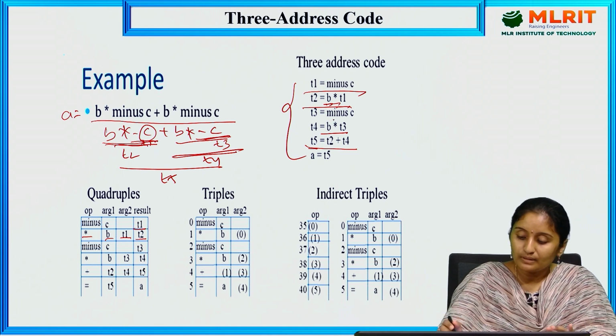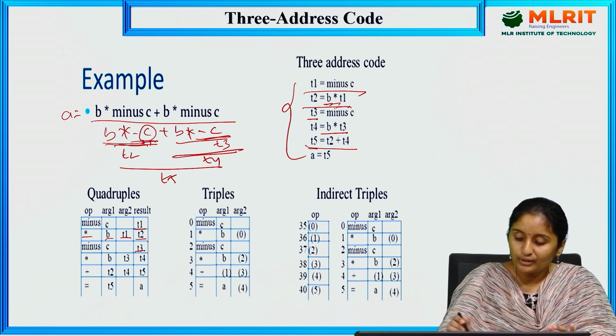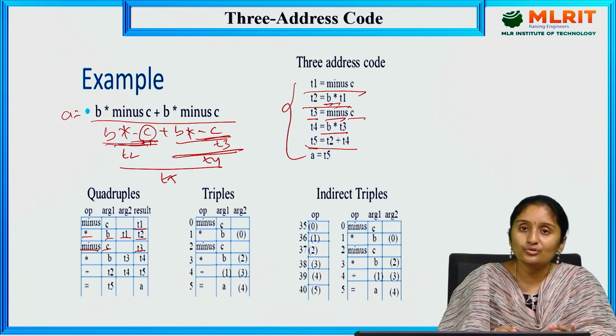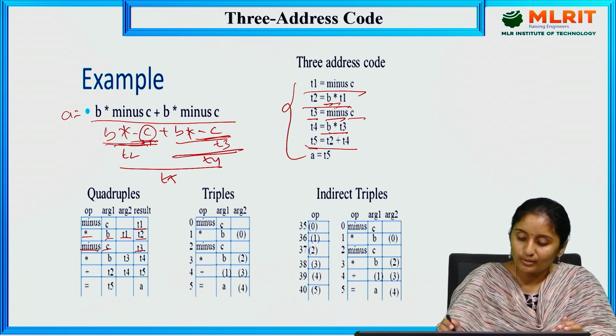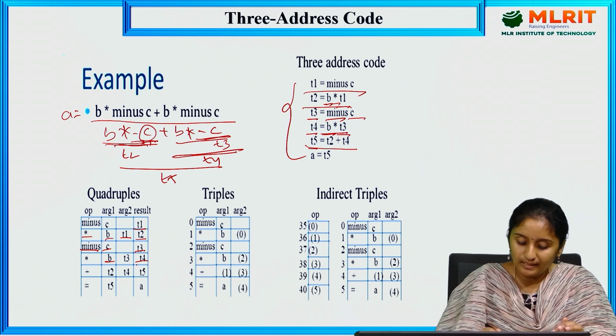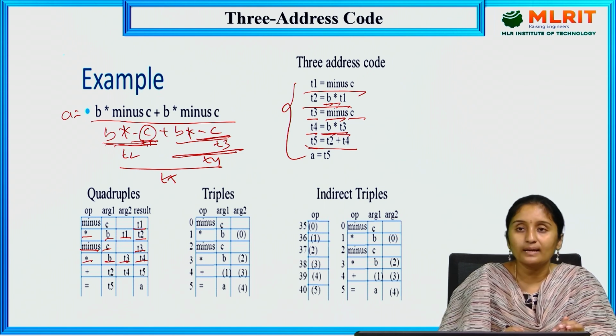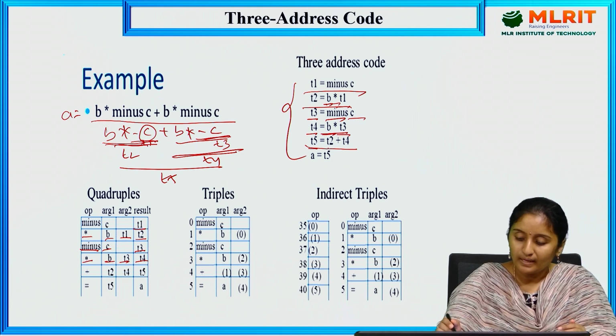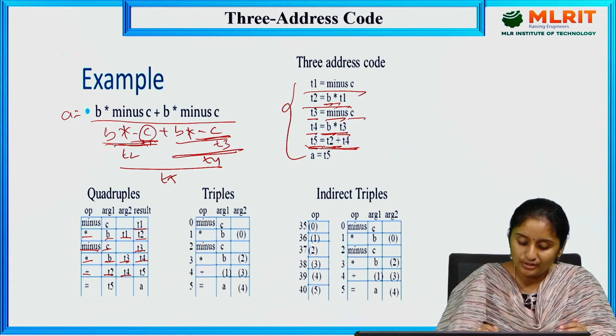Next, T3 is the result; unary minus is nothing but minus, and c is stored over here. And next, T4, with b as argument 1 and T3 as argument 2, is done by the multiplication operation. Next, T2, T4, and the plus operator is there here, and the result is stored in T5.